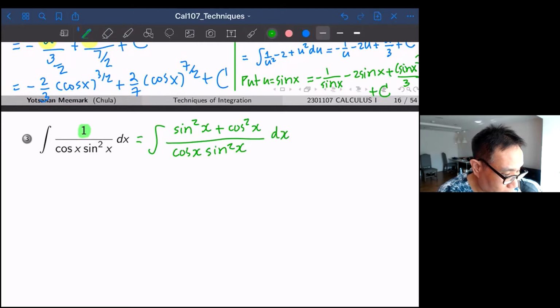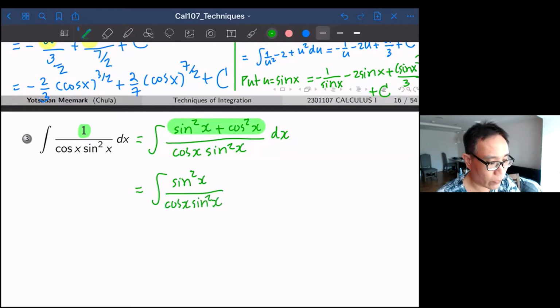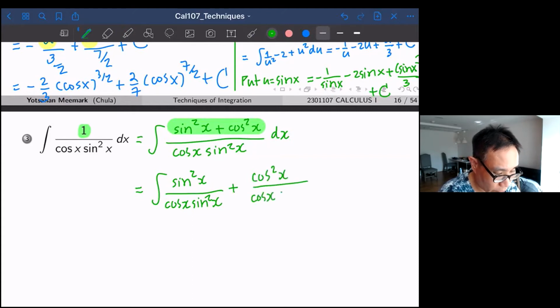Sine square plus cosine square is going to be 1. For this one, you'll be able to split it into two terms: sine square x over cos x sine square x, plus cosine square x over cos x sine square x dx.